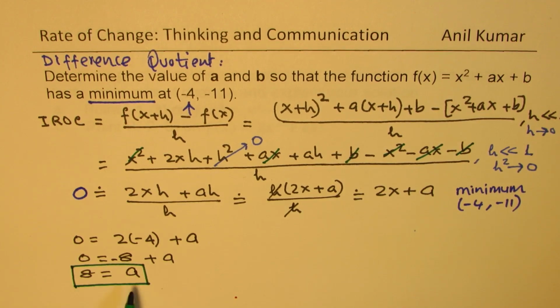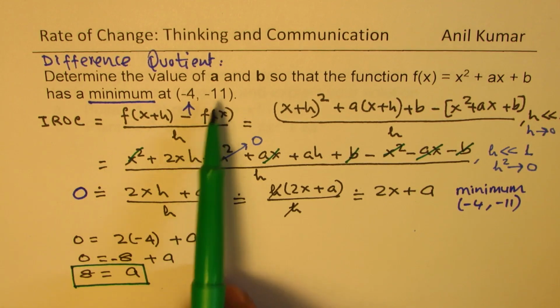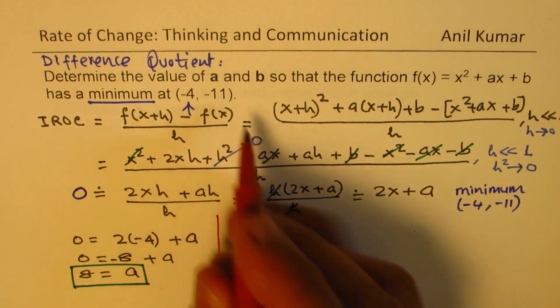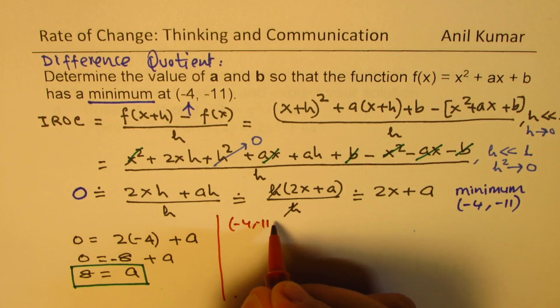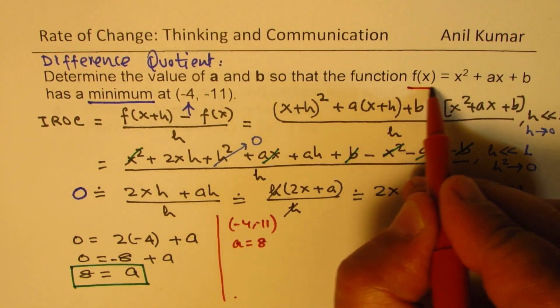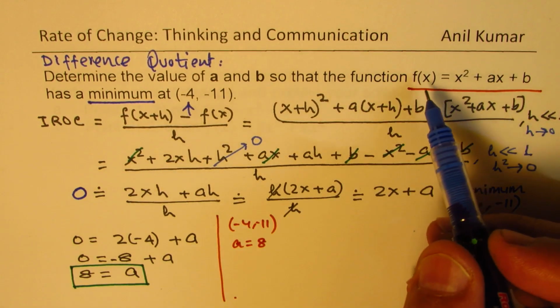Now a is given to us, which is 8. We know that the minimum occurs at minus 4, minus 11, and the value of a is 8. So we are going to use the point minus 4, minus 11 and a equals 8 in the function equation itself.